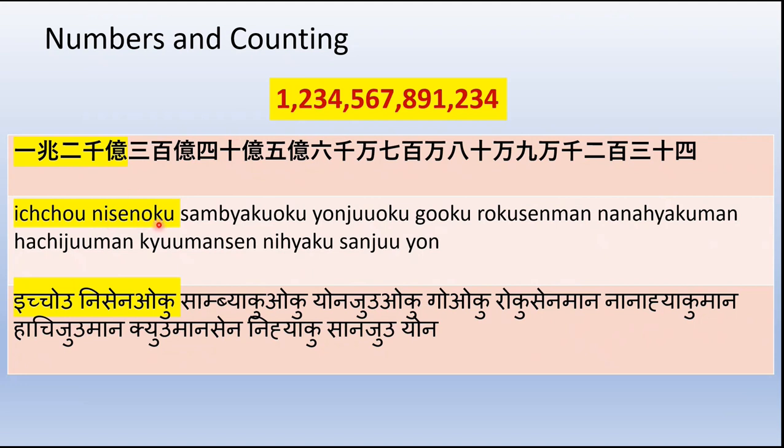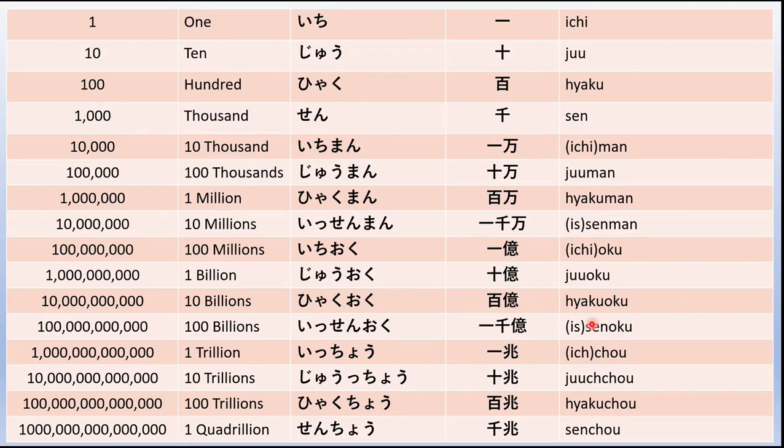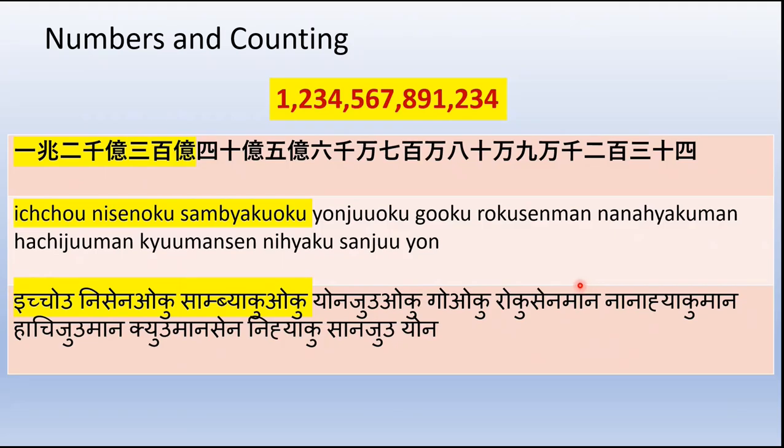So icho nisen oku. After sen oku, we have hyaku oku, the next lower factor. Here we have 3, so instead of hyaku oku, we have 300 oku, that is sambyaku oku.